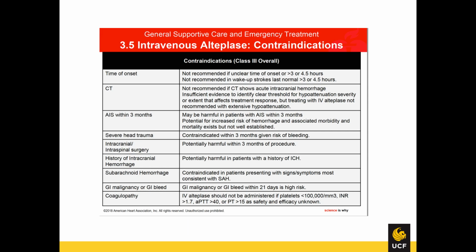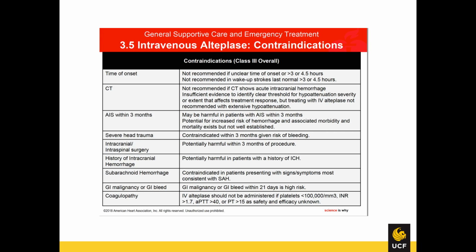If they've had a stroke within 3 months, it may be harmful to them, okay? There's a risk for hemorrhage and associated morbidity and mortality, but it's not well established. So really it's going to be up to you in terms of weighing the benefit versus the risk here.